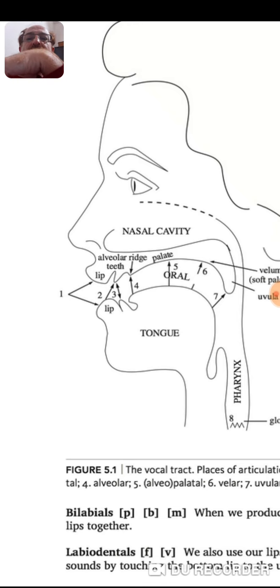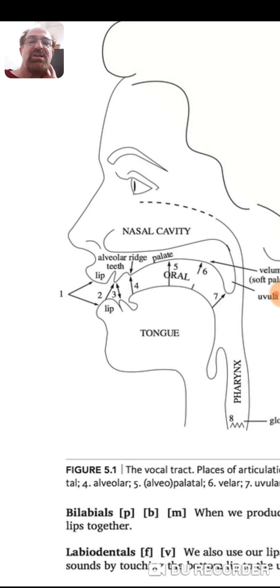The back of your tongue goes up to touch the fleshy part of the roof of the mouth. Your roof of the mouth has got 2 parts. One part is made of bone. The second part back there is made of flesh. This is the flesh part.